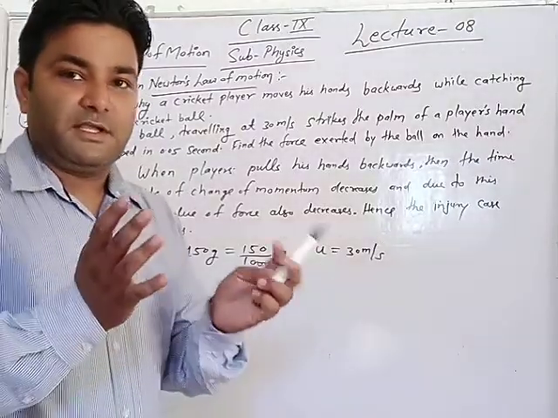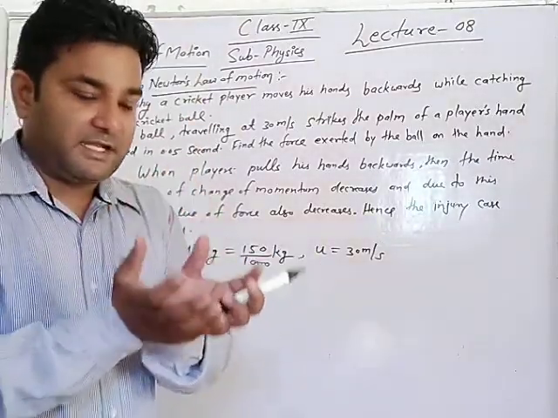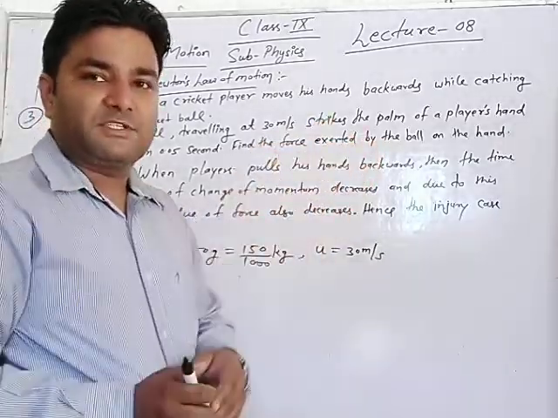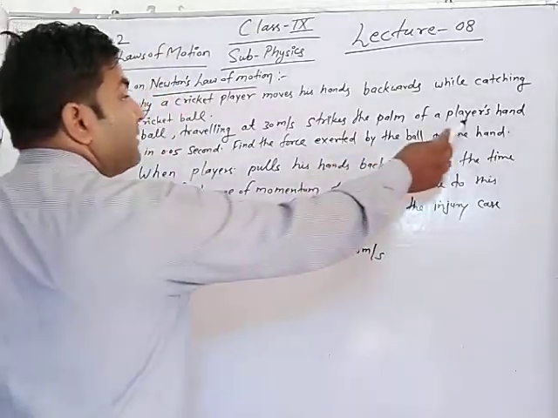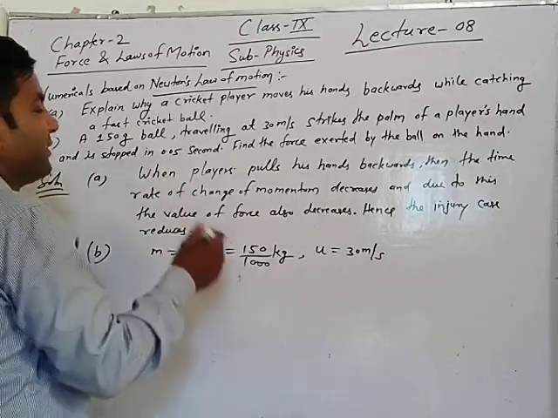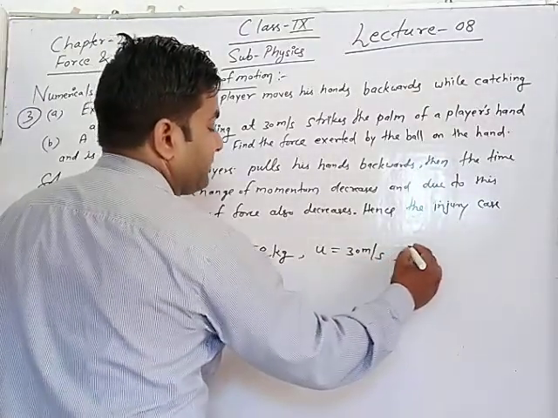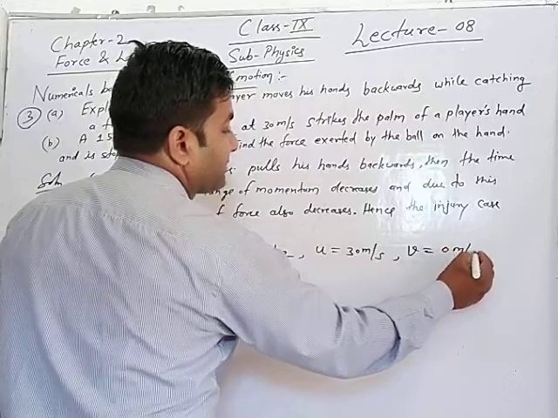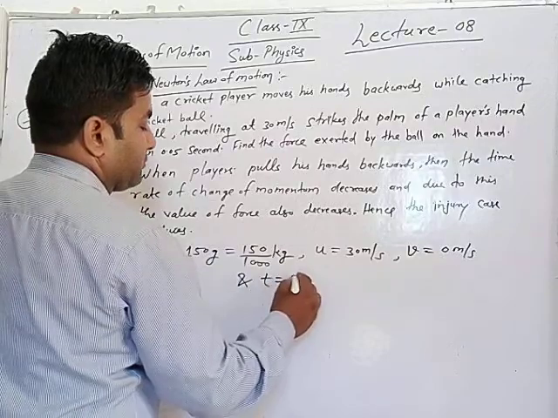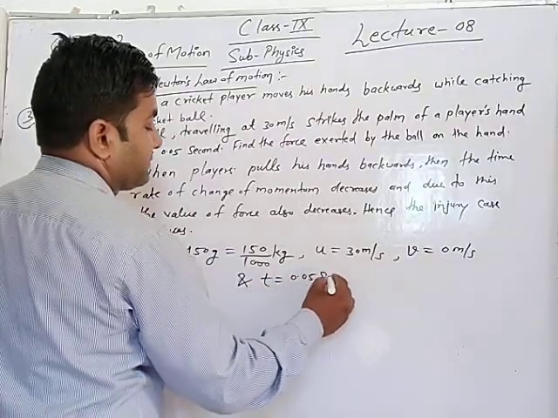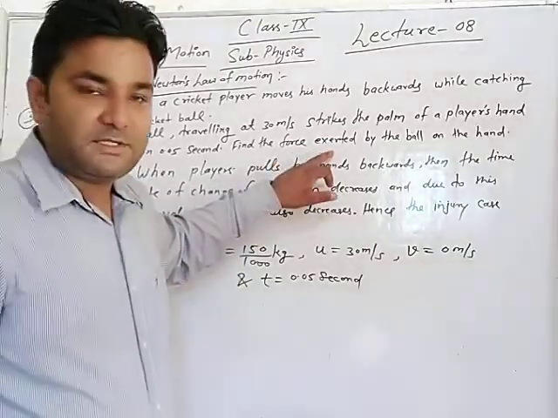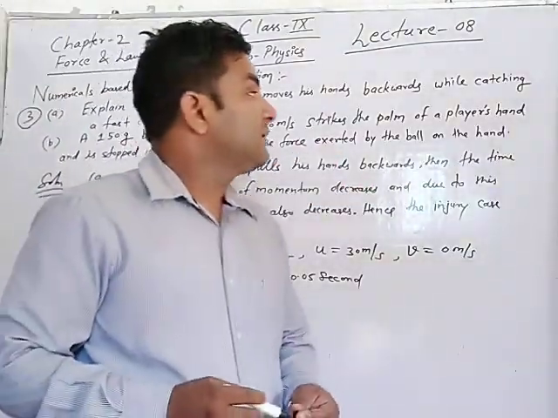It means during catching the ball, it just strikes the palm, and the player's hand is stopped in 0.05 second. Stopped means v is equal to 0 meter per second, and time t is equal to 0.05 second. Then we have to find the force exerted by the ball on the hand.